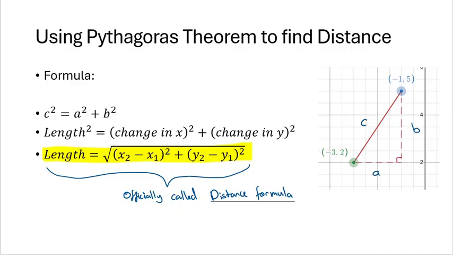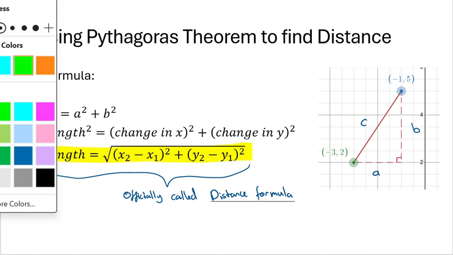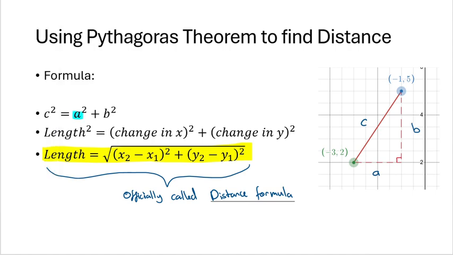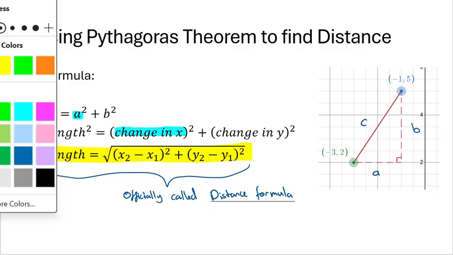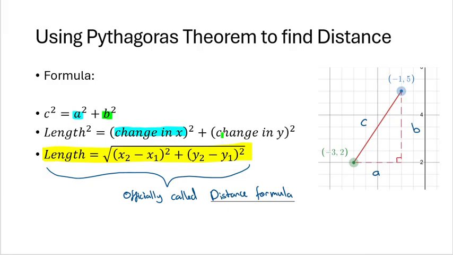Now, because the formula for Pythagoras is c squared equals a squared plus b squared, we're going to change what they represent. I'll highlight in a different color. I'll use blue: the a just means the change in x. And then in green, the b just means the change in y.